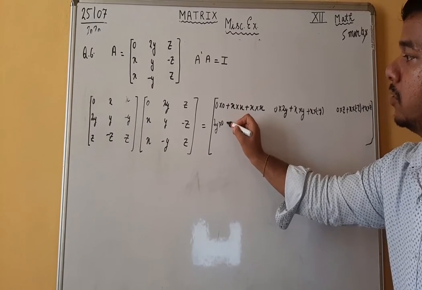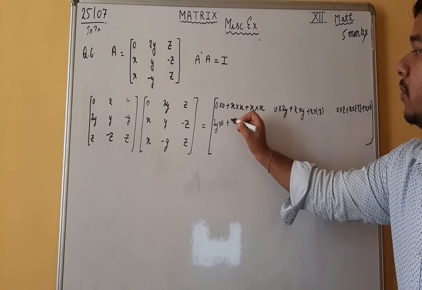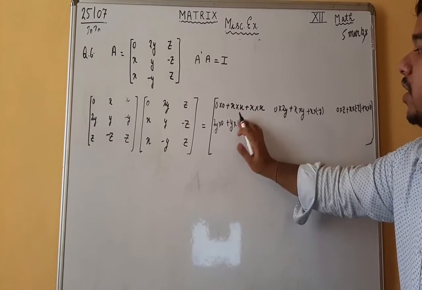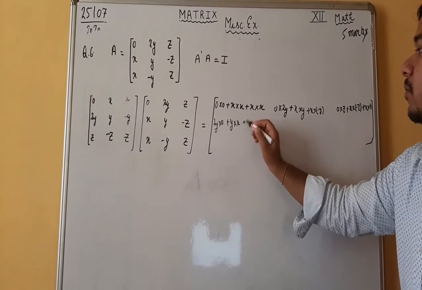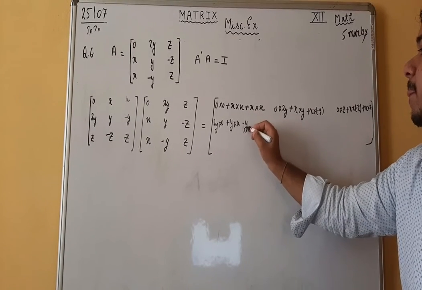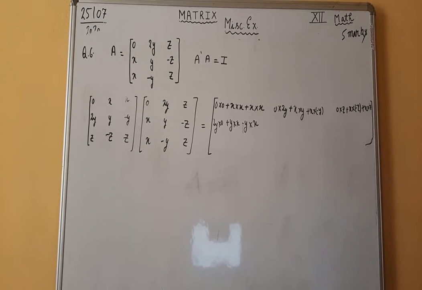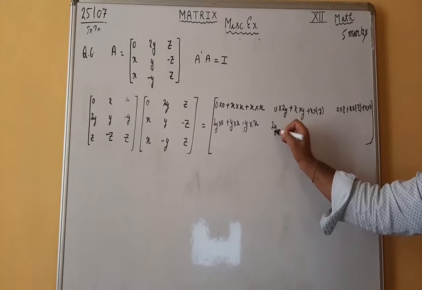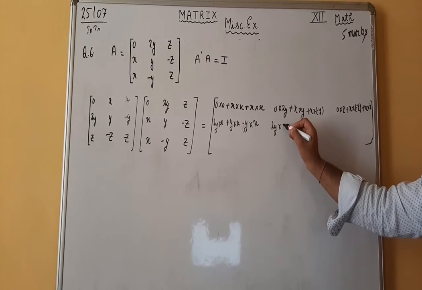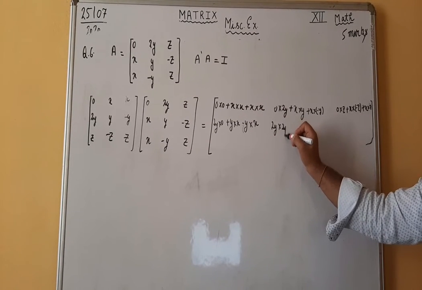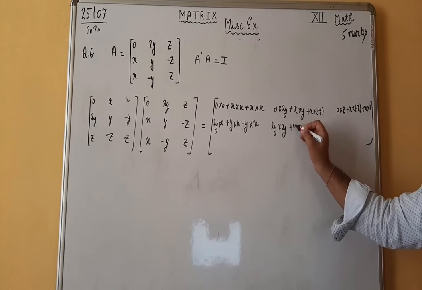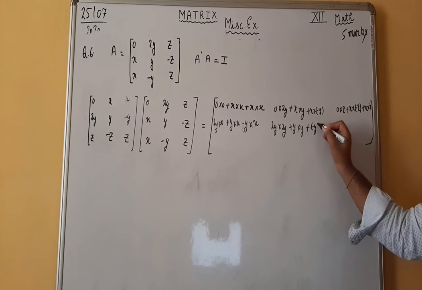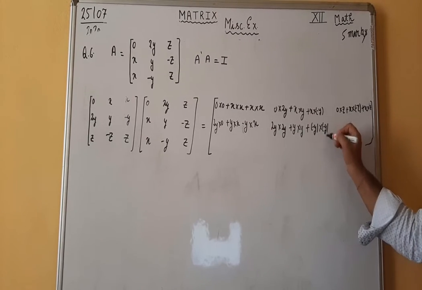Now second row, first column: 2y into 0 plus y into x plus minus y into x. Now see the next one, second row, second column: 2y into 2y plus y into y plus minus y into minus y.